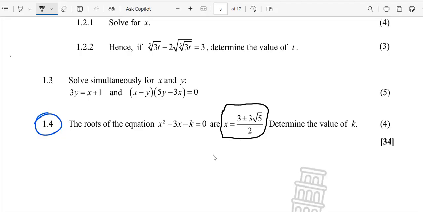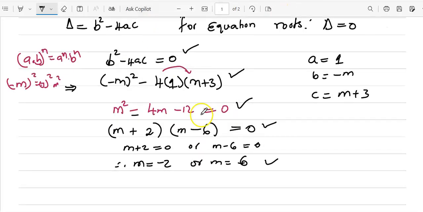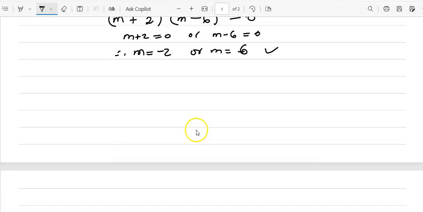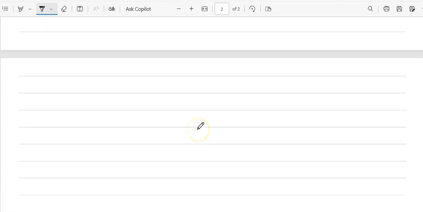So what I'm going to do is, let's quickly rewrite that given one. This will be question 1.4. What I'm going to do to solve this one, the first thing that I can do, remember that we are given the root as x is equal to 3 plus or minus 3 root 5, everything over 2.